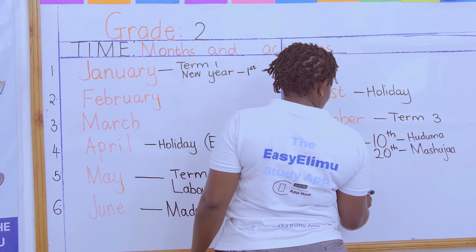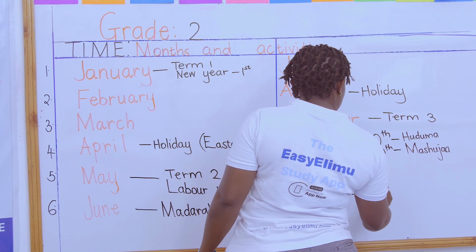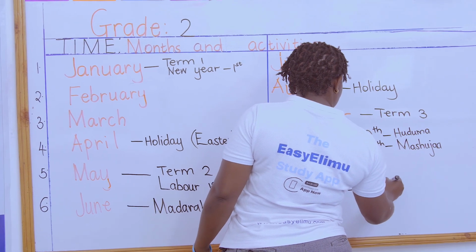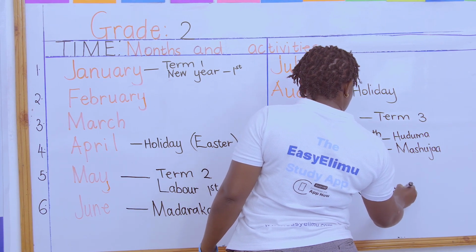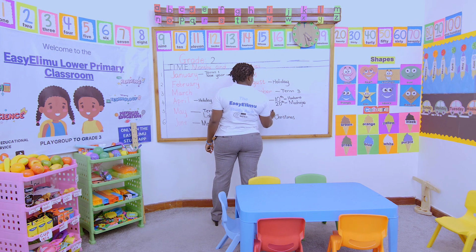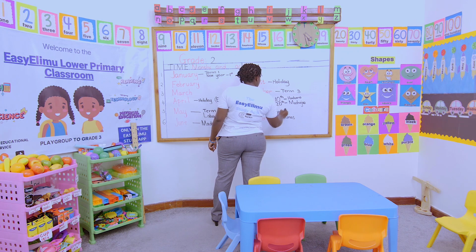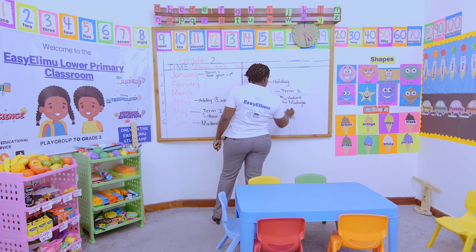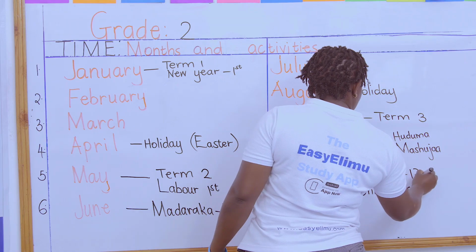November, nothing more. Then December, we celebrate Christmas. Before Christmas, we have Jamhuri Day that will be celebrated. That is always celebrated on 12th.